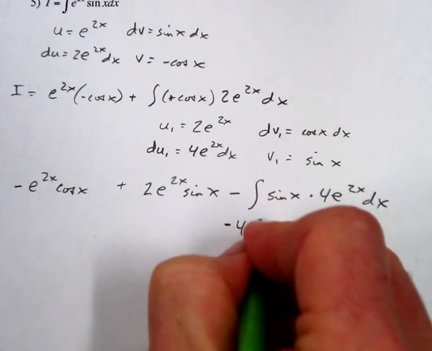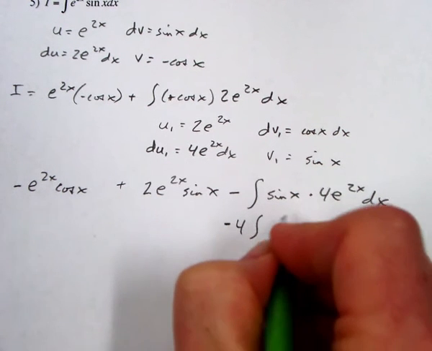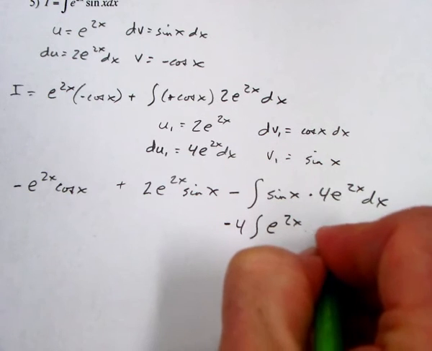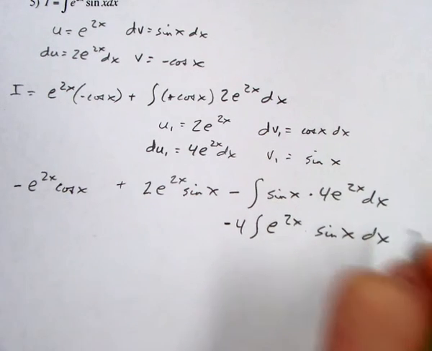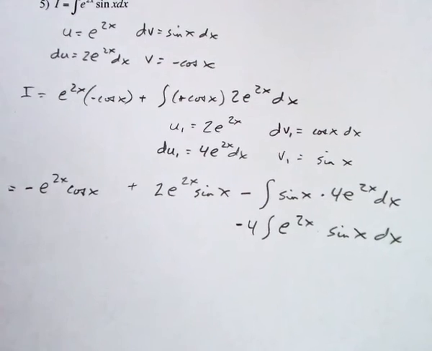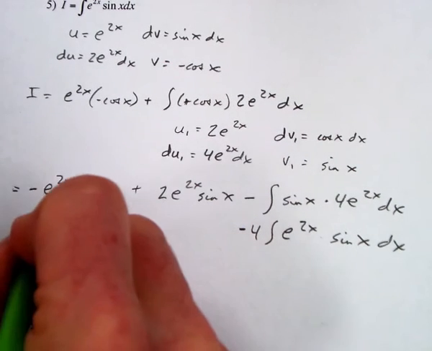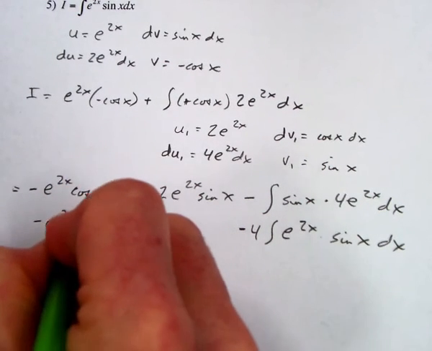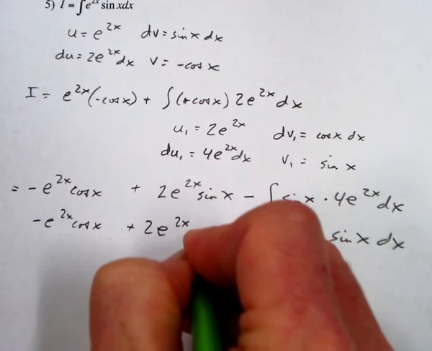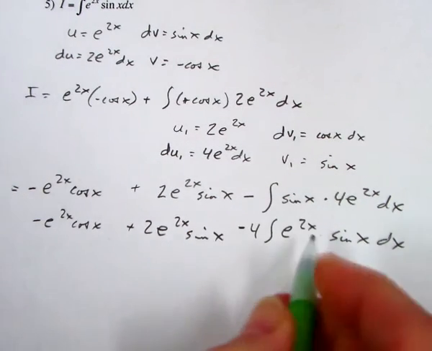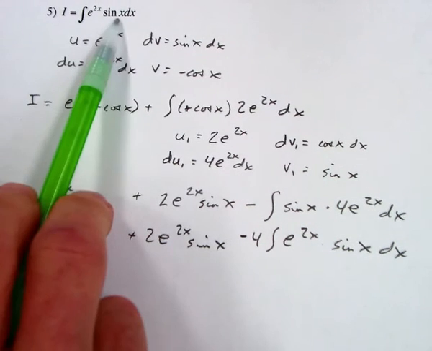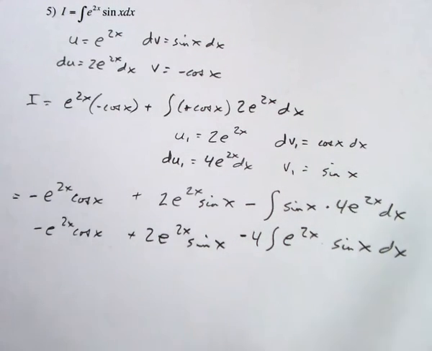Let me pull that 4 out, and I'll rewrite it to say e to the 2x sine x dx. And everything else just needs to be carried down. Negative e to the 2x cosine x plus 2e to the 2x sine x. Look at that and compare it to our original integrand. They're the exact same thing.